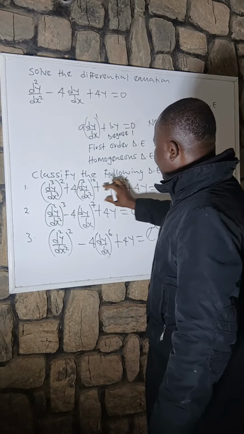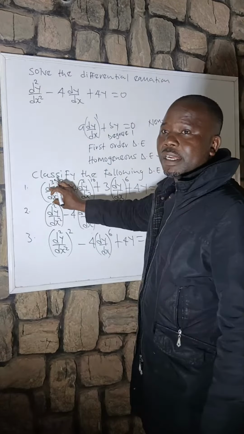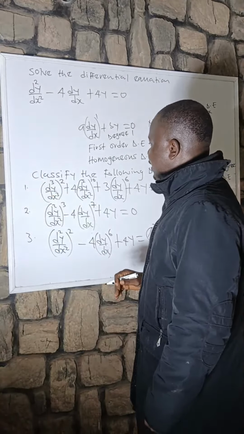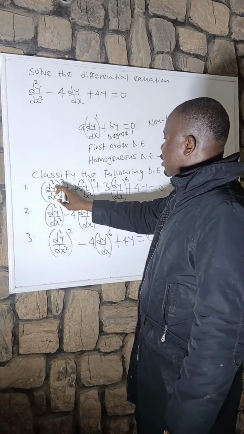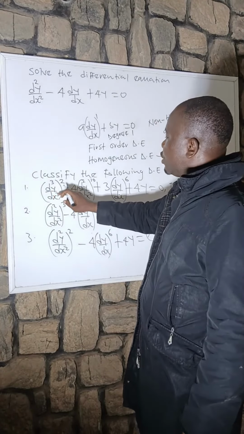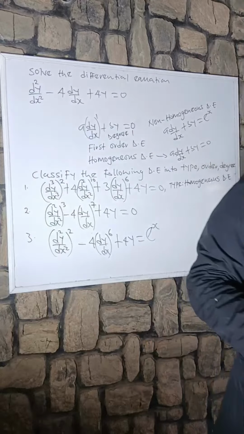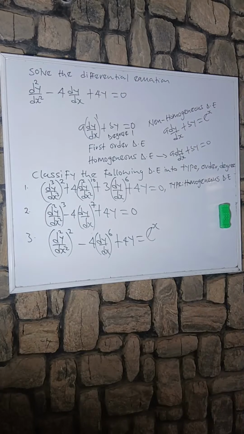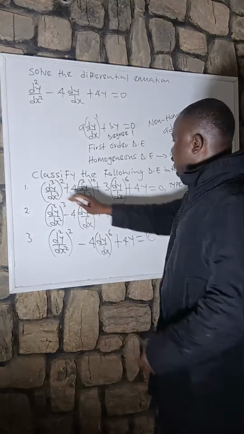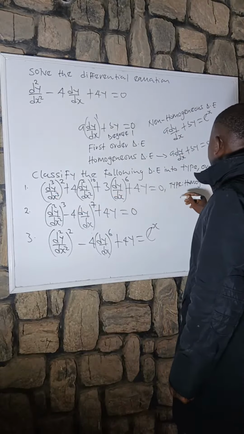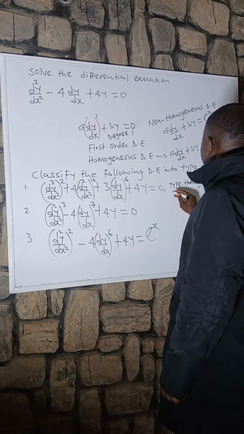So inside this bracket, which one has the highest order? Is this first one true or false? It's true. Do you agree with me? So the order of this differential equation is order 3.